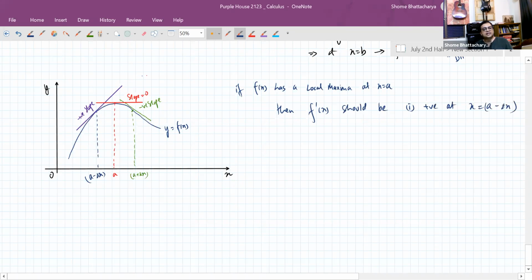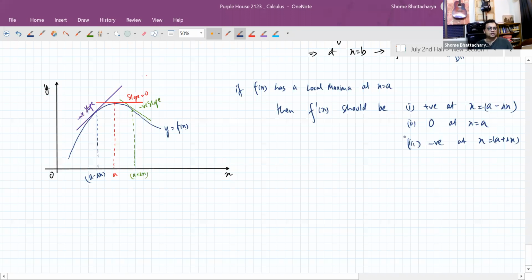And I can take delta x as I like: 0.1, 0.5, 1, whatever. It should be 0 at x equal to A, and again should become negative at x equal to A plus delta x. That's what the graph is showing us: a positive slope a little bit before A, a negative slope a little bit after A, and precisely at the point where the peak has come, which is the point A, the slope should be 0.